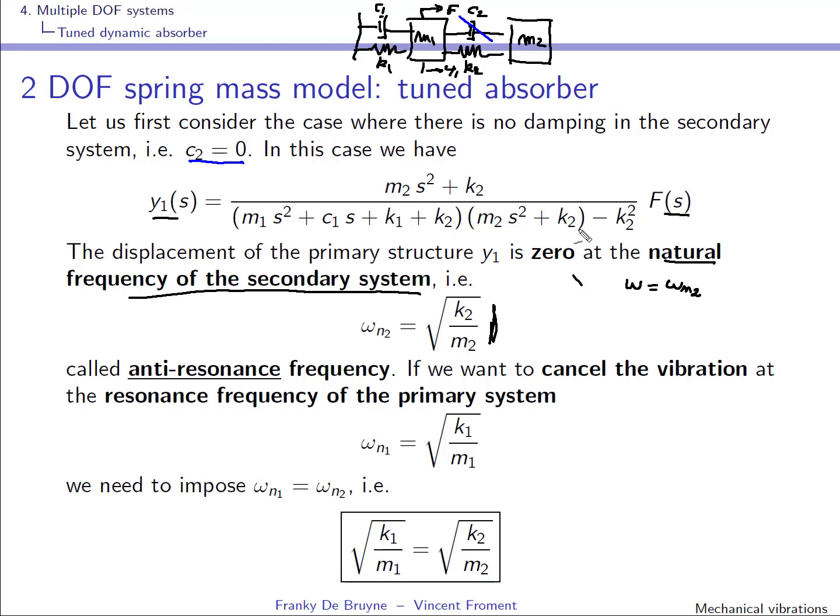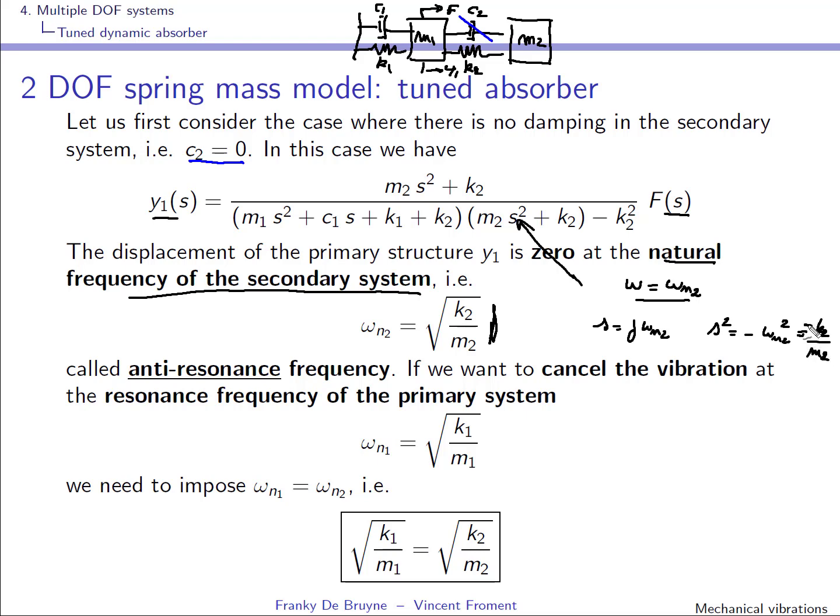So if you consider this transfer function at this frequency, you'll have S equals j omega n2. So S squared will be minus omega n2 squared, and this is minus K2 over M2.